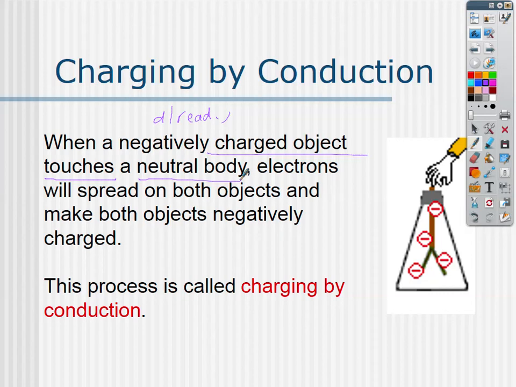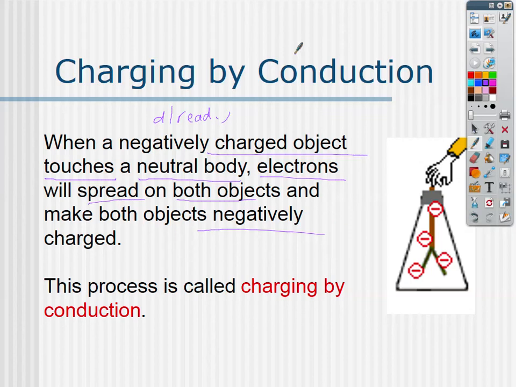There won't be any attraction. When you get close, it's not like that's going to pull toward it, because, again, we don't create this force between them until they are officially charged. But you have the object, you touch it right against something. What will happen is, as it says, these electrons will spread to both objects. Both objects will become negatively charged.